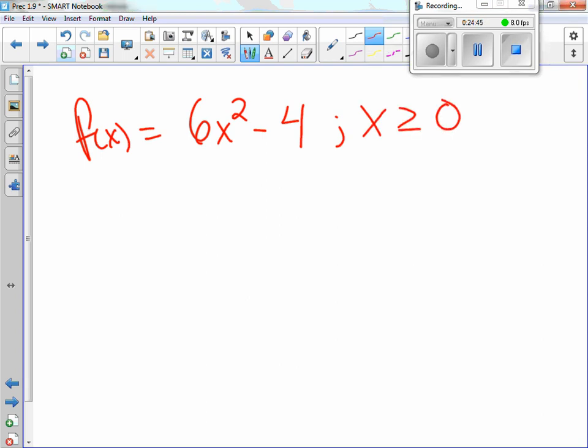X is greater than or equal to 0. So this does have a function because we restricted it, so that the values of x are only greater than or equal to 0. Now the steps won't change. We'll get y is equal to 6x squared minus 4, then what? We switch.